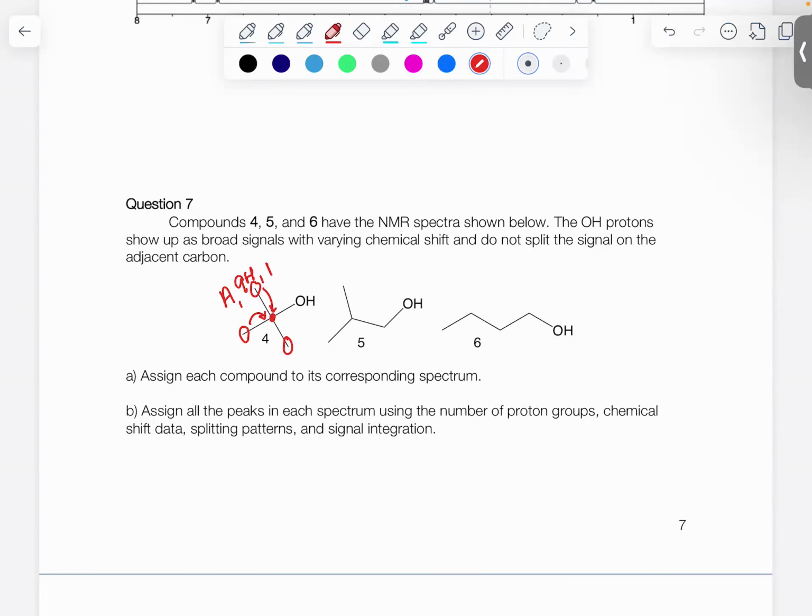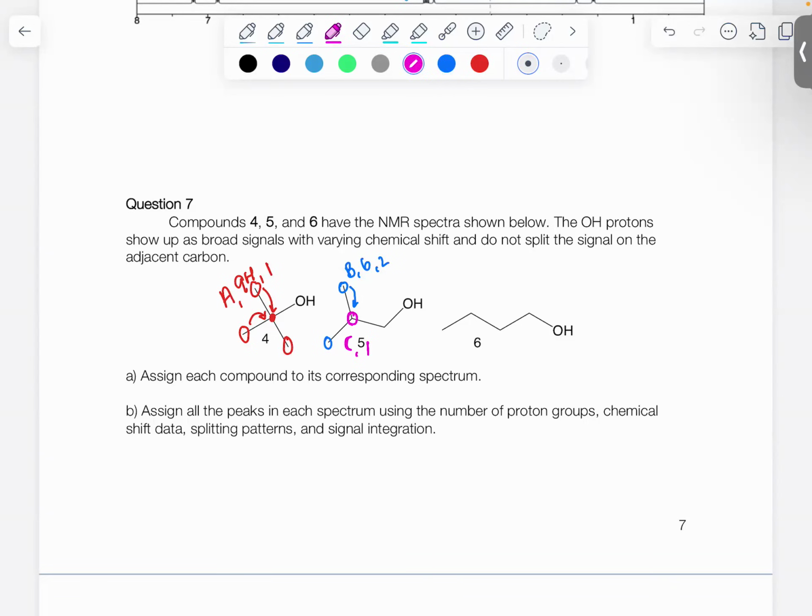For our next one, we do have these two, which are identical. So it's 6 protons. They do have a neighbor. This is signal C. It has 1 proton. And so one neighbor, we would expect B to be a doublet.